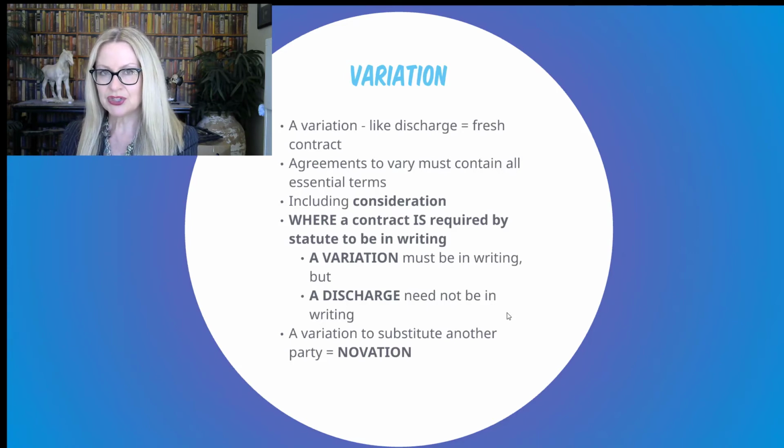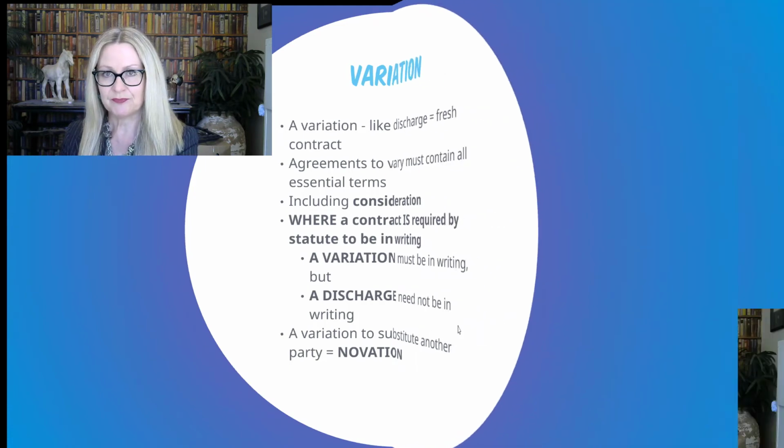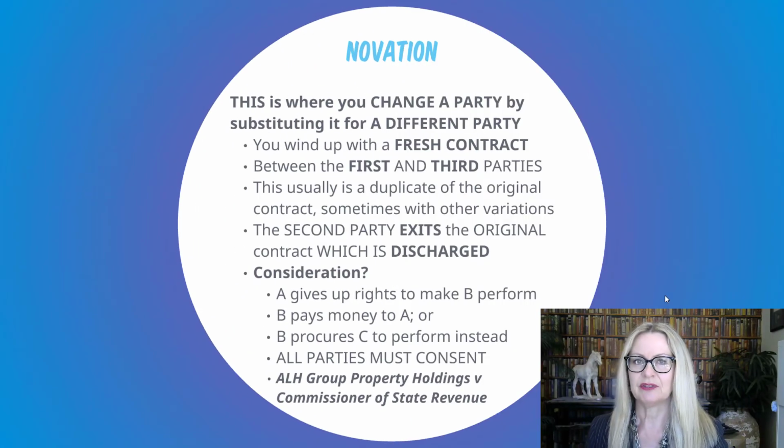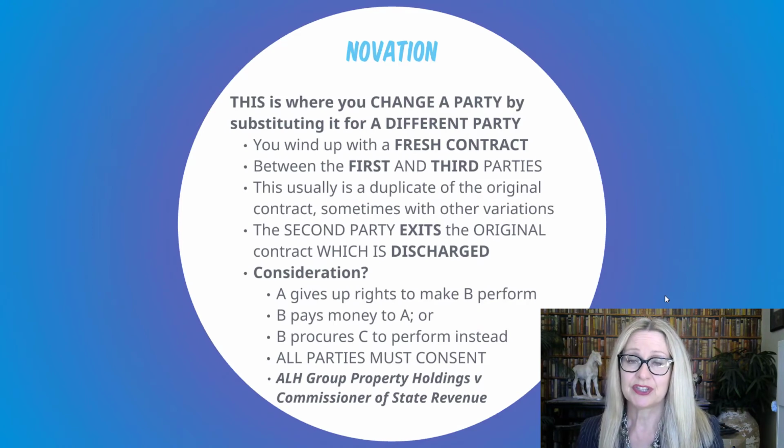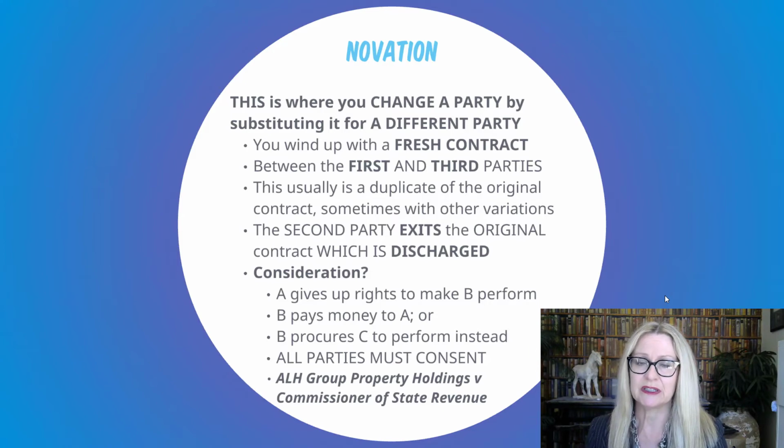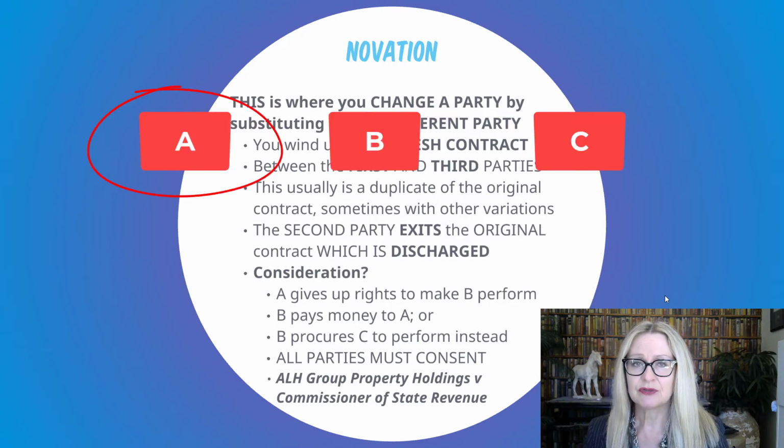A variation to bring in another party and flick out one of the original parties is called a novation. Now, with a novation, similar to a variation, you wind up with a fresh contract, so you're going to need all of those antecedents to contract formation again. And the fresh contract will be between one of the original parties, the first party, and the third party newcomer to the deal.